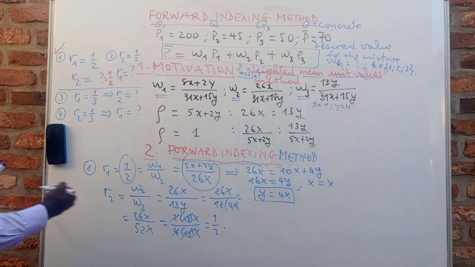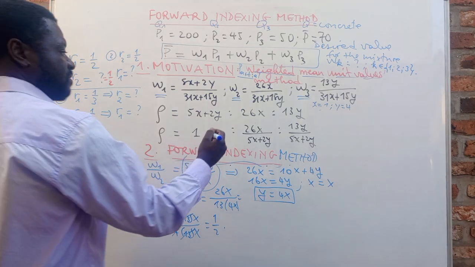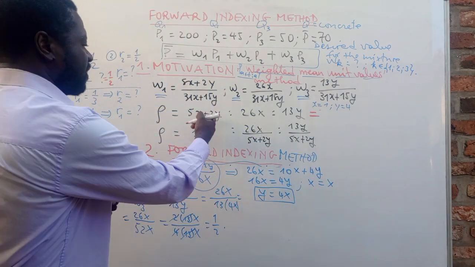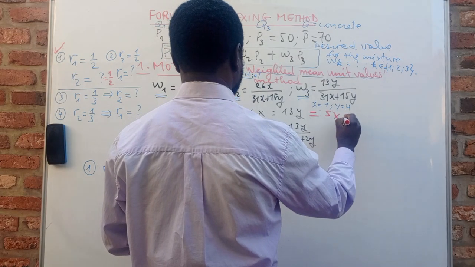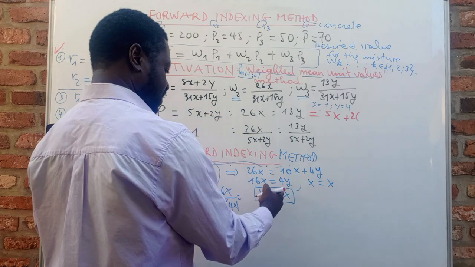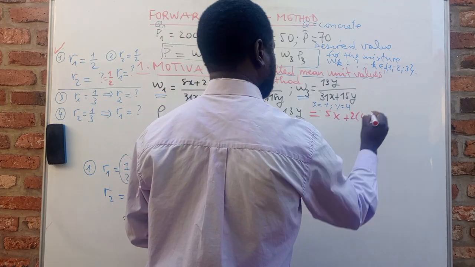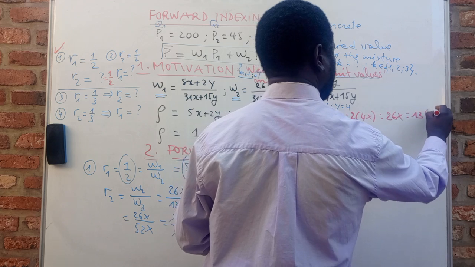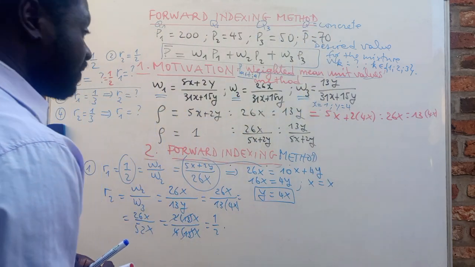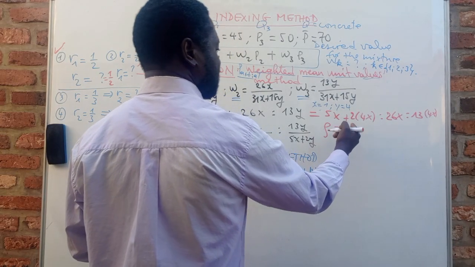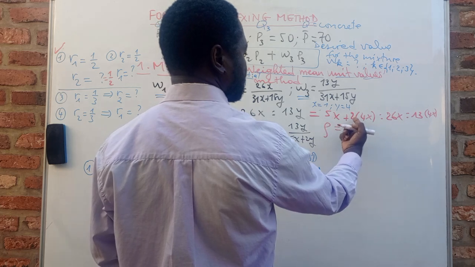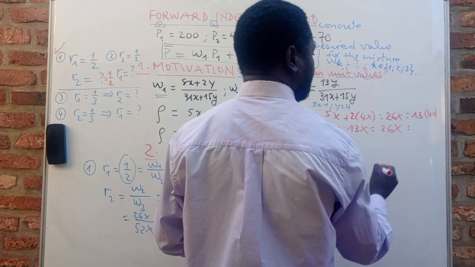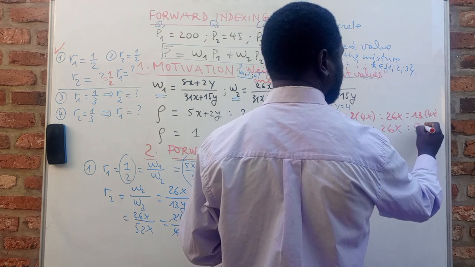Here we substitute the value of y, which we calculated to be 4x, in 5x plus 2y over 26x over 13y. So this ratio is the same as 13x over 26x over 52x.